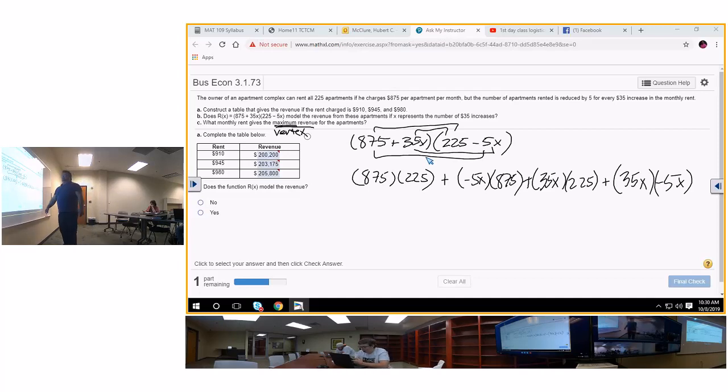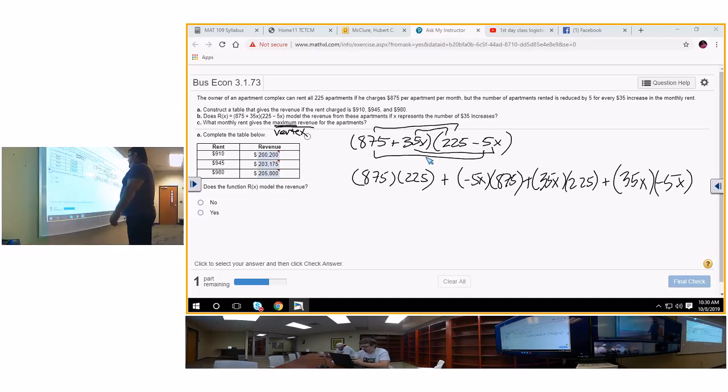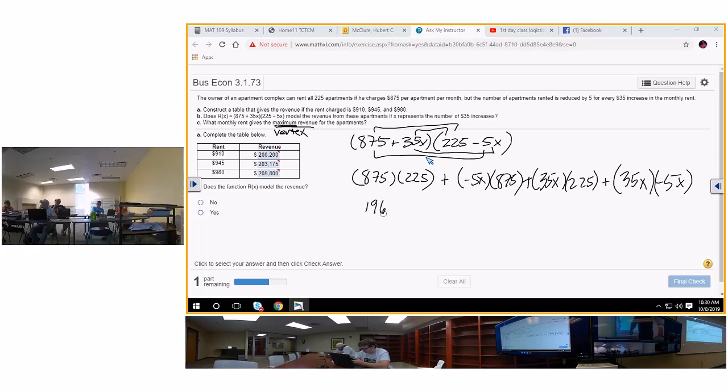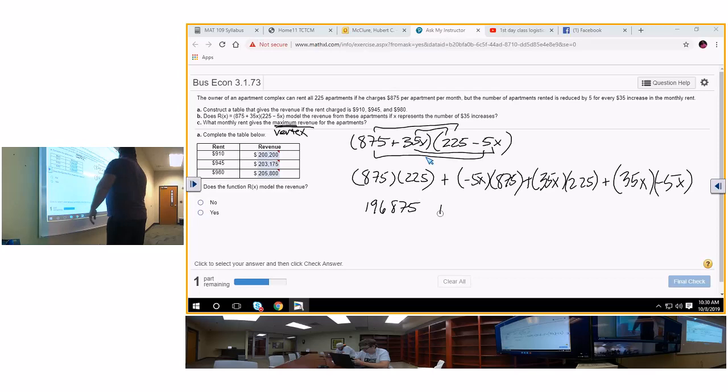So somebody give me these numbers. What do you got here? 196. 875 plus, well, this is going to be a negative. What's negative 5x times 875? 4375x.